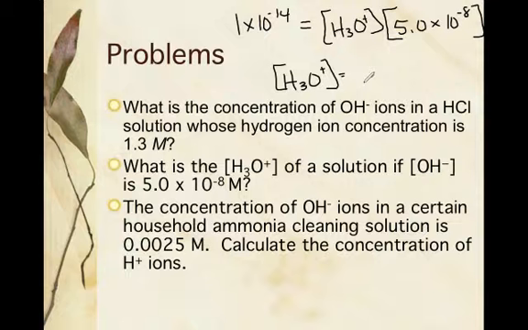So the hydronium concentration is, make sure you use parentheses, 2 times 10 to the negative 7.